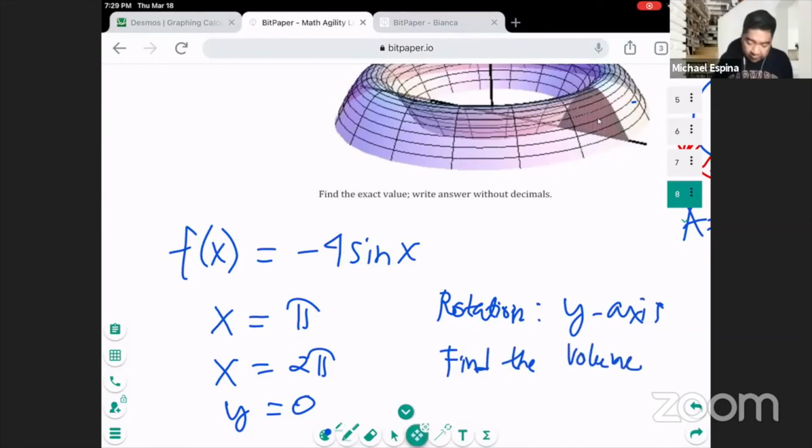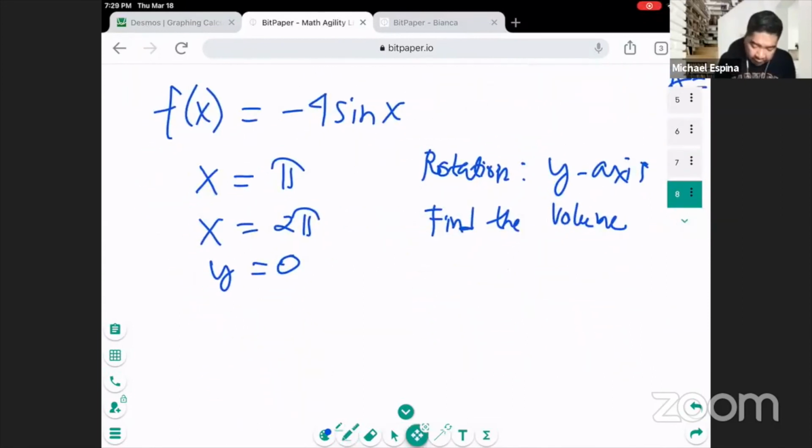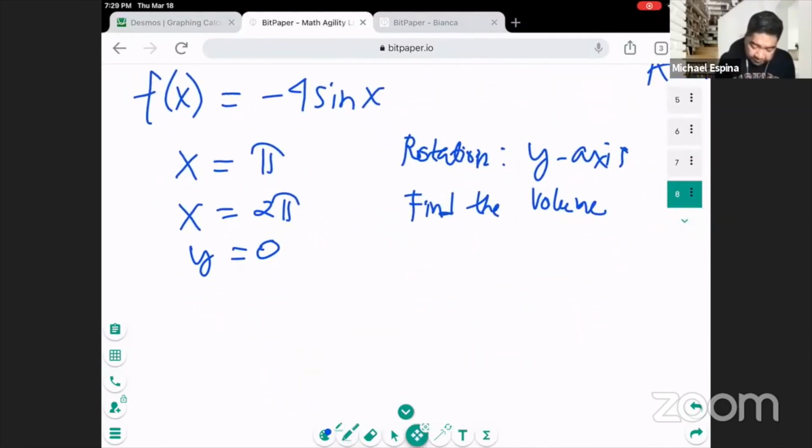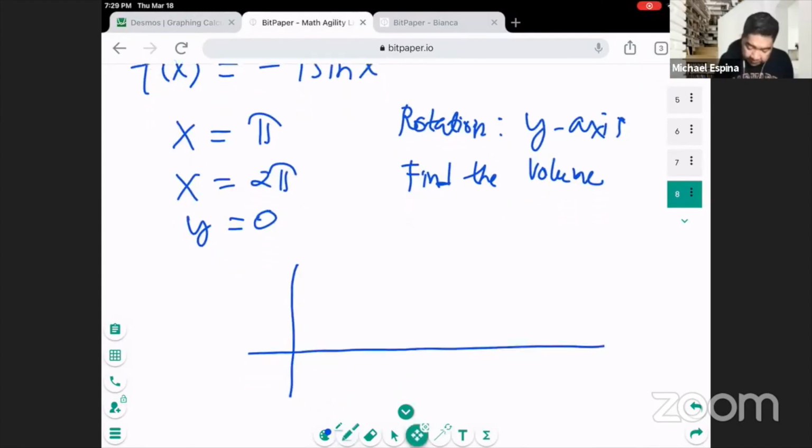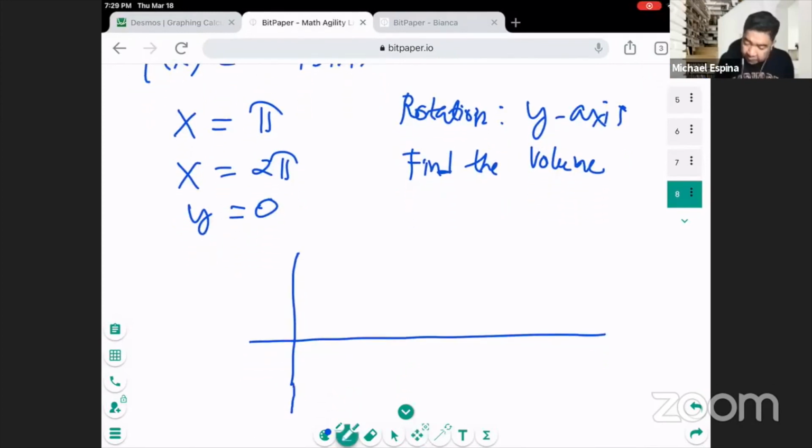Okay, so let's try to draw our graph. If I have this axis, this is a sine, so it is 0 at point 0.